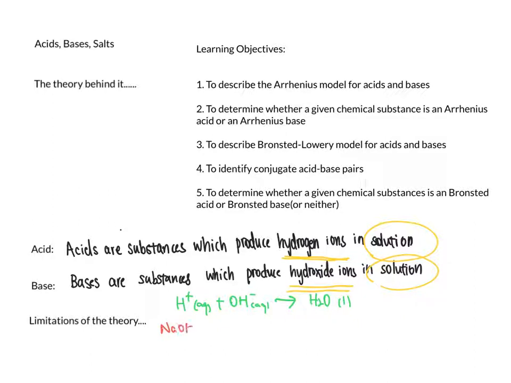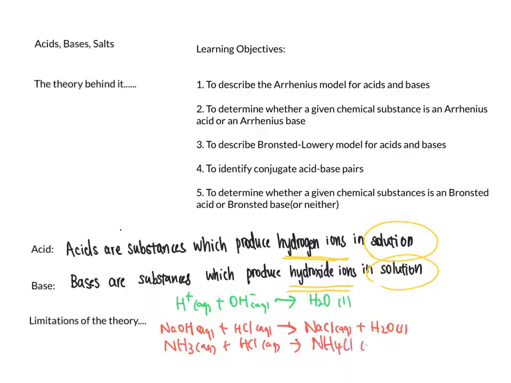We have sodium hydroxide, aqueous solution, plus hydrochloric acid, HCl, and it gives off sodium chloride and some water. And in the same case, we have ammonia, aqueous, plus HCl, and this gives off ammonium chloride.